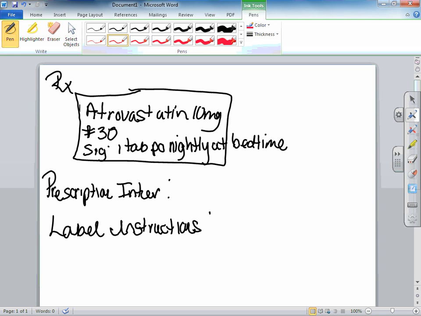So, for your prescription interpretation, it will be written as the following.